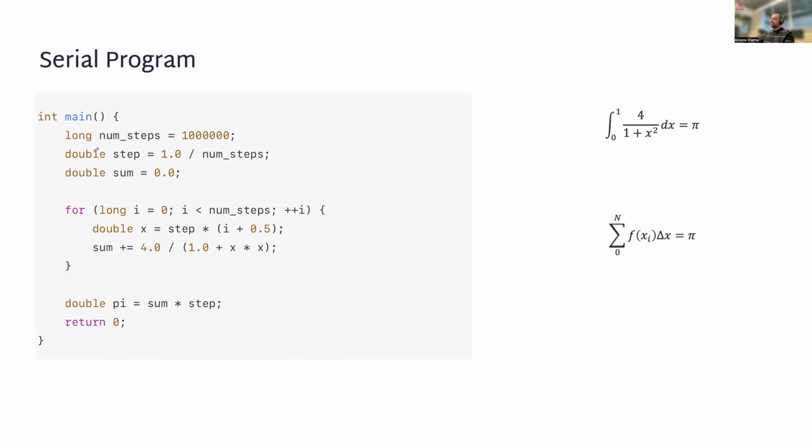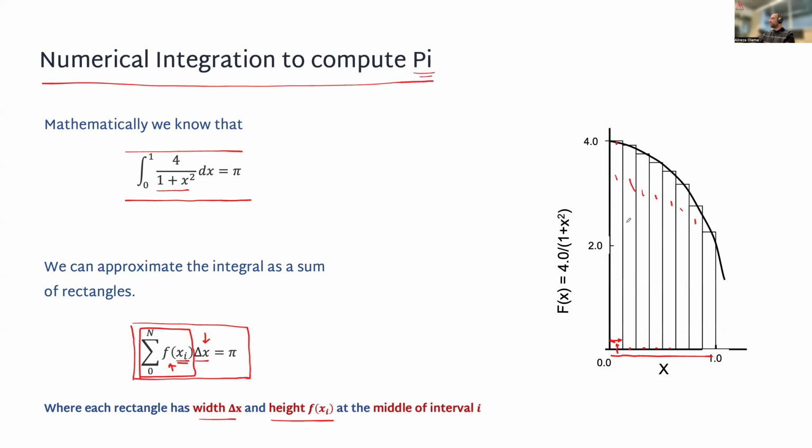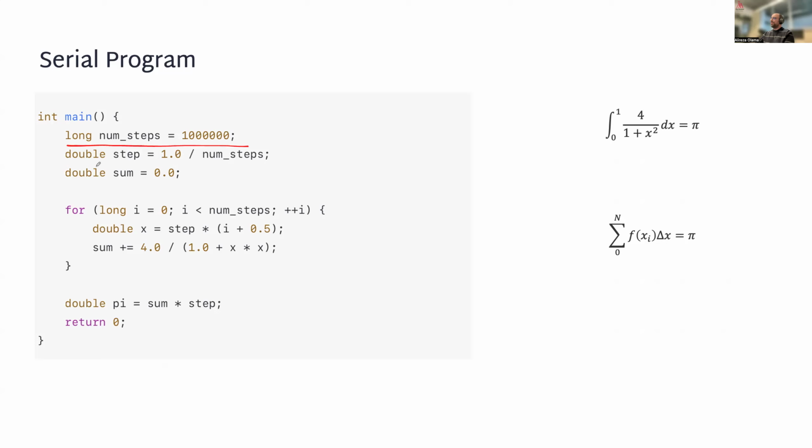So what I need to do is to first define the number of steps, so the number of these rectangles. Then I compute the step size, this delta x, right? Then I initialize the sum variable for computing this summation, right? And now I just need to compute it.